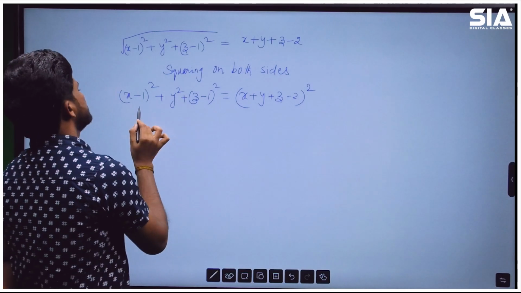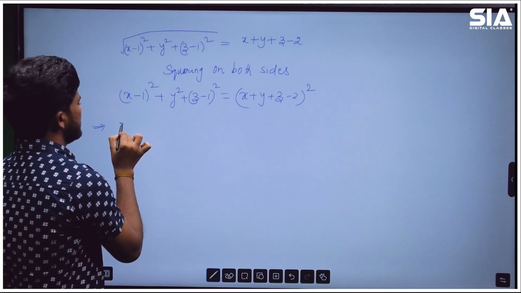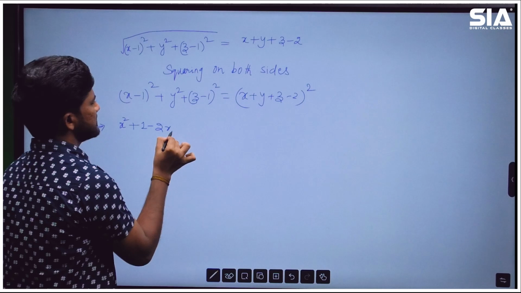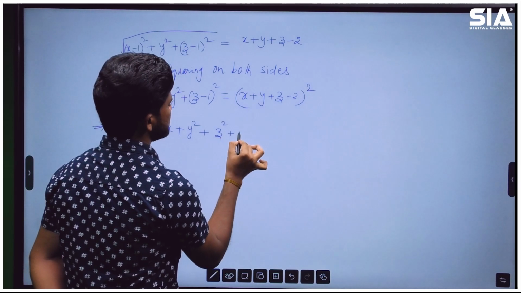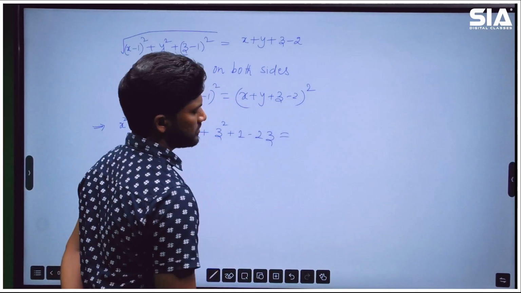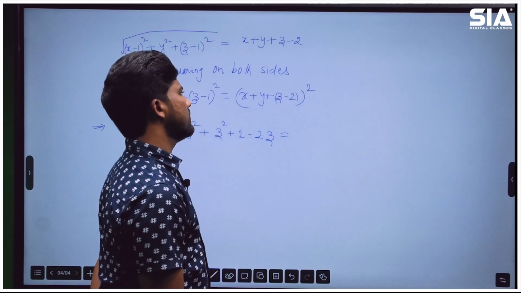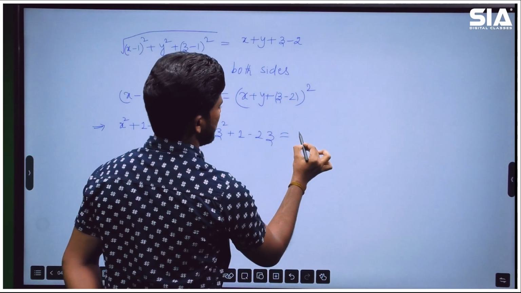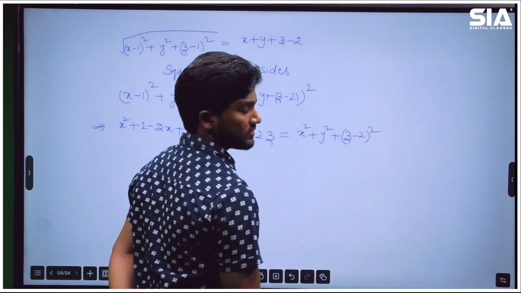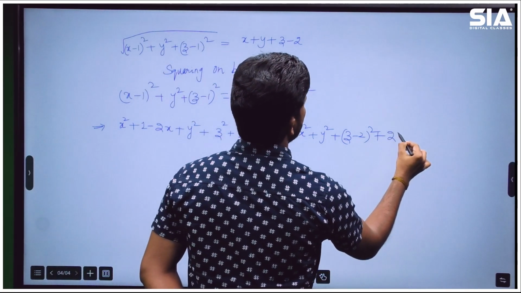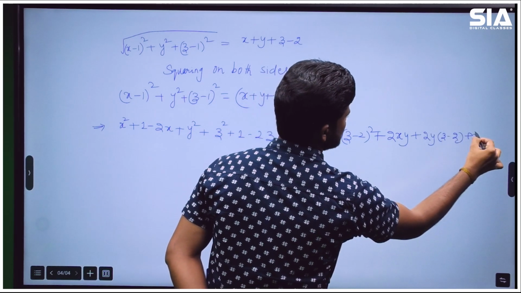Now expand this, the LHS with respect to the (a minus b) whole square formula. (x minus 1) whole square means x square plus 1 minus 2x, y square as it is, plus (z minus 1) whole square, z square plus 1 minus 2z, equal to, you know very well, take x plus y plus z minus 2 as one value, that means the (a plus b plus c) formula: a square plus b square plus c square plus 2ab plus 2bc plus 2ca.